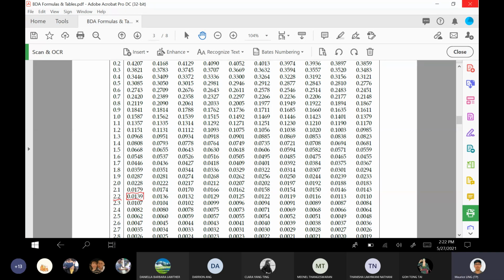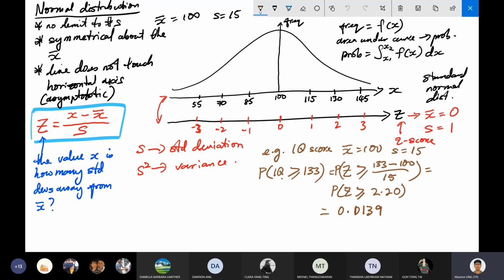So which means that the probability of a person with IQ above or equal to 133 is 1.39%. That's what I'm trying to say.